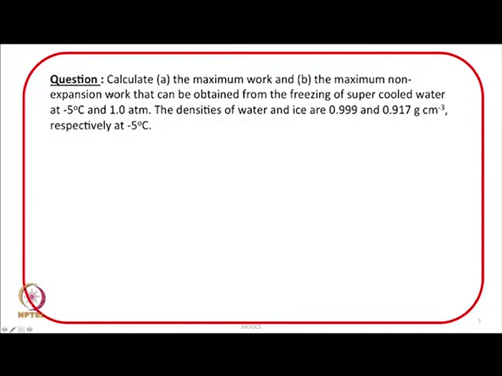Maximum non-expansion work means we have to calculate delta G. So, this should be very clear: what we should calculate for maximum work and what we should calculate for maximum non-expansion work. It is freezing of supercooled water at minus 5 degrees Celsius and 1 atmospheric pressure.